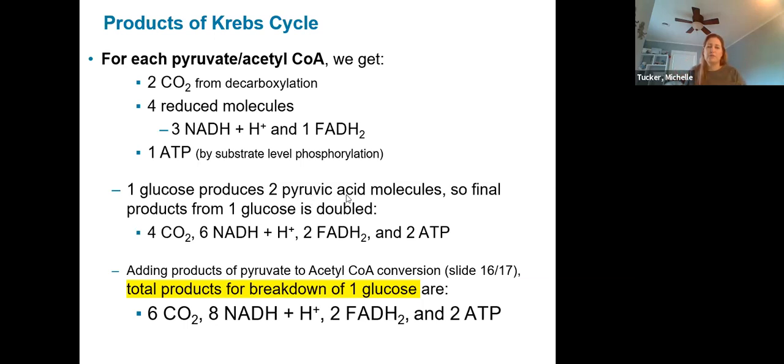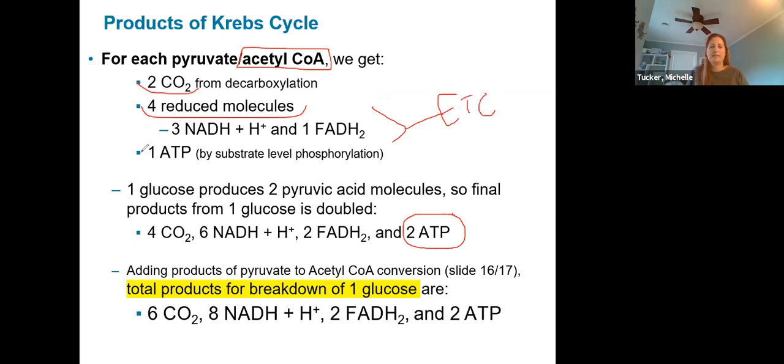Glucose produces 2 pyruvic acids, so we double those: 4 CO2, 6 NADHs, 2 FADH2, and 2 ATP, and regenerate oxaloacetic acid to keep the cycle moving. We generate those reduced molecules. And why is that important? That's important because these are going to go off to the electron transport chain. And 1 ATP, which if you double that by 2, we're at 2 ATP.